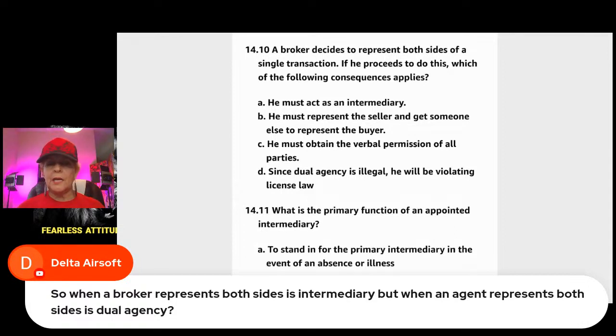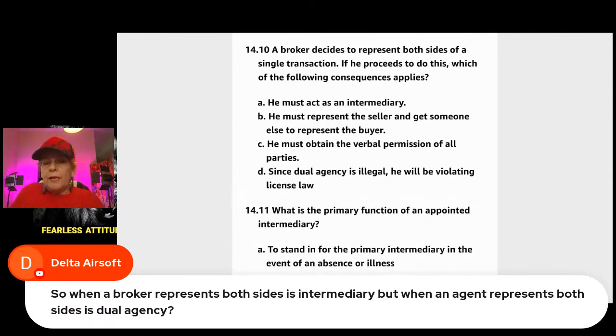However, in other states, when an agent represents both sides, they're a dual agent. The broker can be a dual agent, represent both sides and give advice and directions and help them negotiate. That is a dual agent because the broker is also an agent, right? They're also considered a salesperson, a realtor.